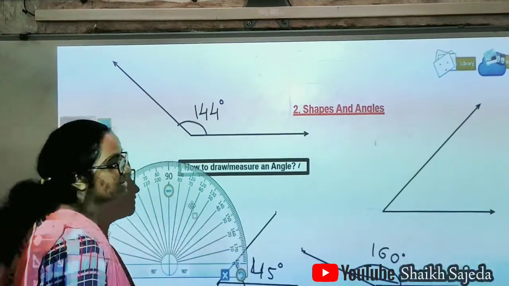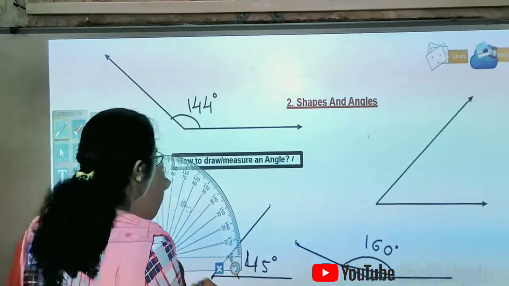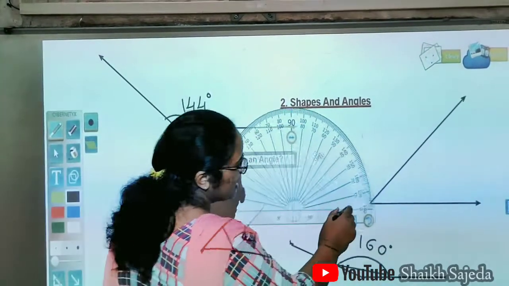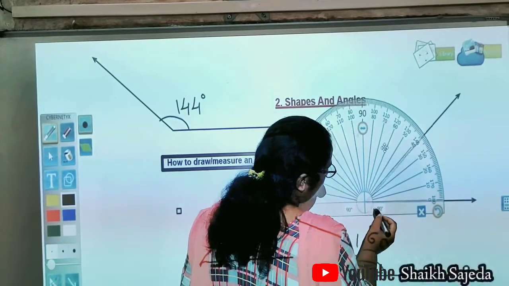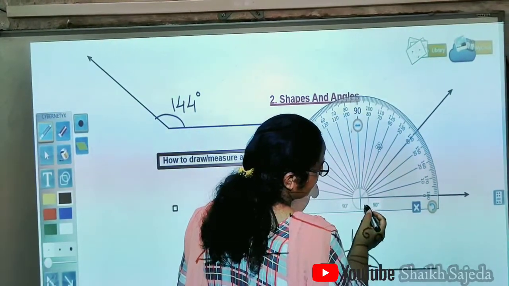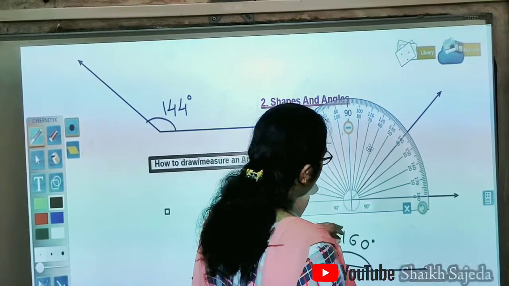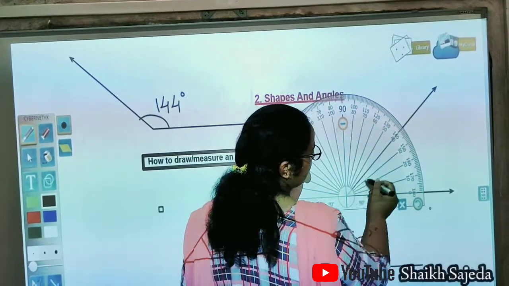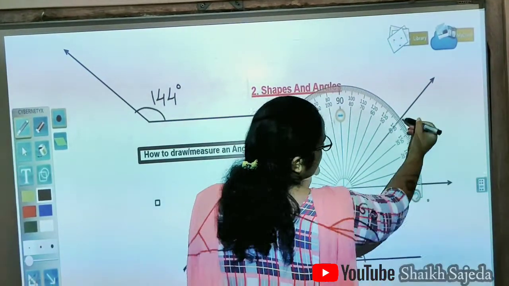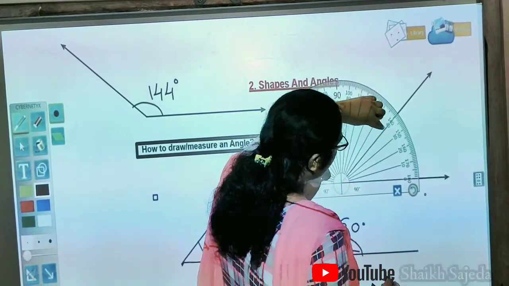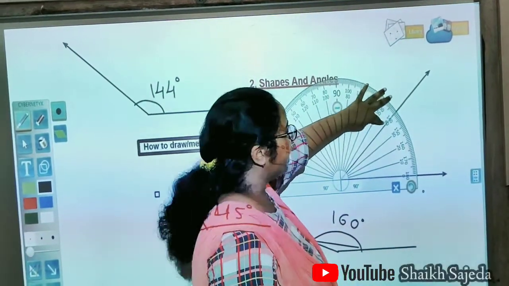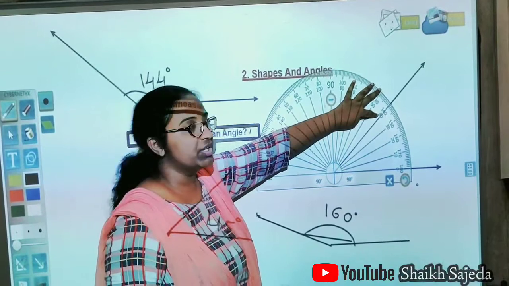Now let's check the degree of this angle. So once again put this protractor on the vertex. Arm is also correct. Now here we can see that this ray is on the number 40. It is exactly on 40.